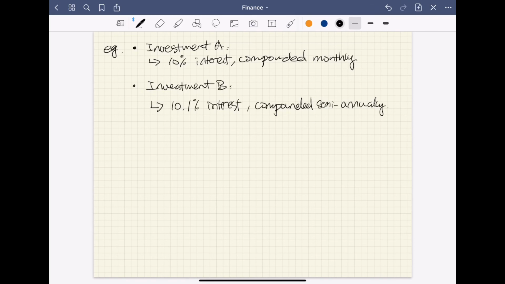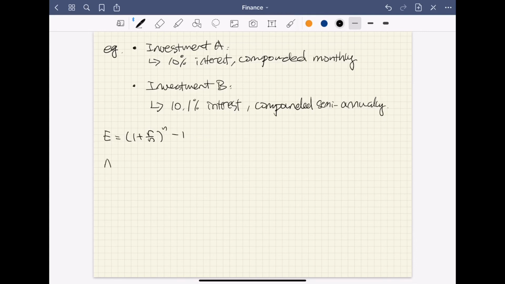Let's compare these two investments and see which one is a better offer. So investment A, let's write down the interest formula first. E is equal to 1 plus R over N to the power of N minus 1.